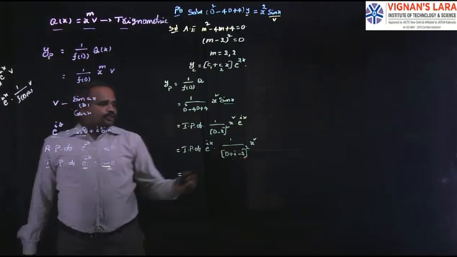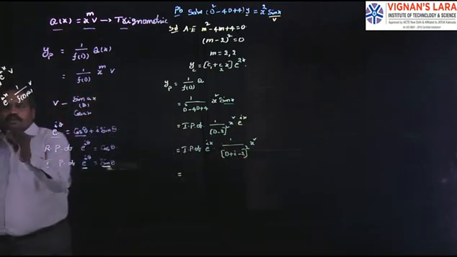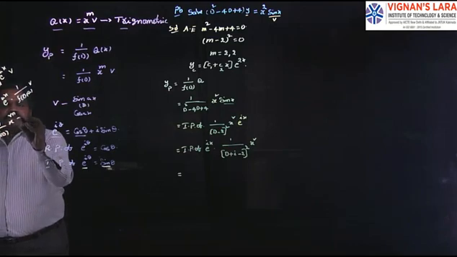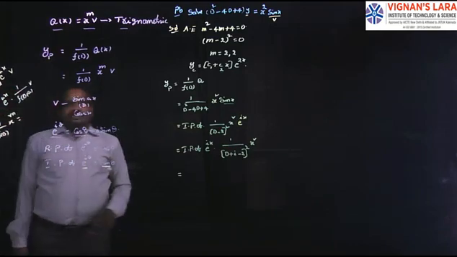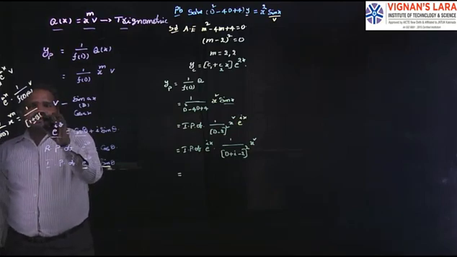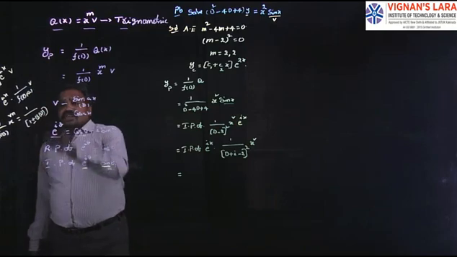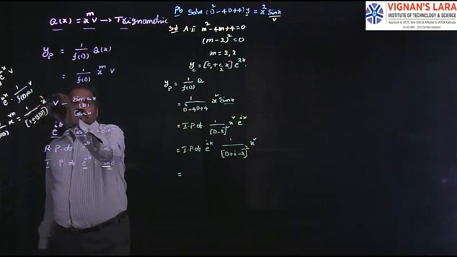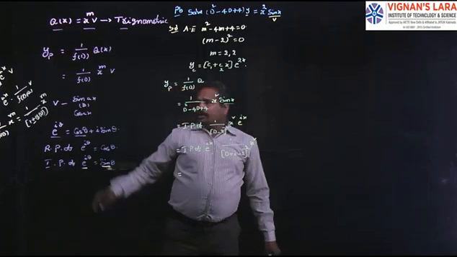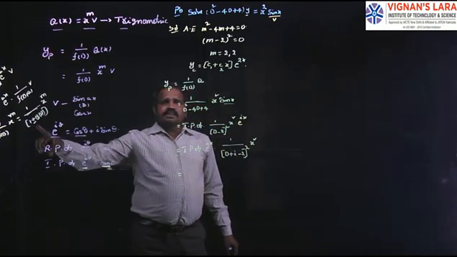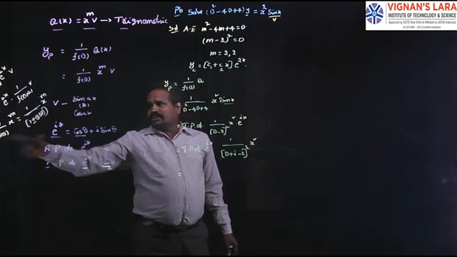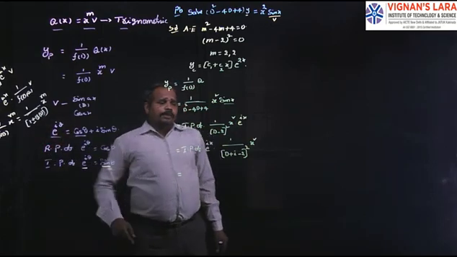This is of the form 1 by f of D into x power m, which can be written as 1 by 1 plus or minus phi of D into x power m. So I will convert the denominator into the form of 1 plus or minus phi of D.